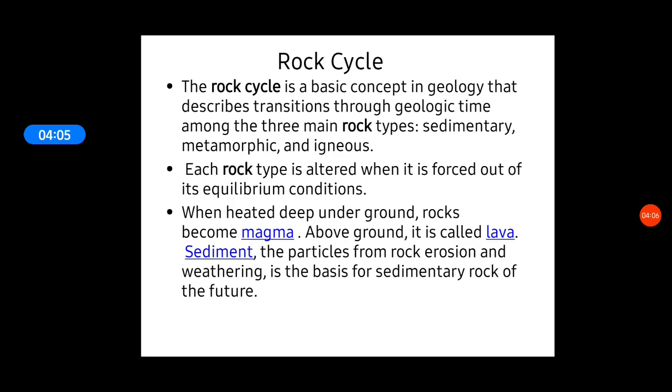Basically it is a concept of geology that describes the transition over a very long period of time, some million and billion years ago. Things were not in the shape they are today. Some things were not even in existence. And over the years, how these changes took place, how geologically things changed, and over a long period of time these changed materials around us took a particular shape, and today we know these things.